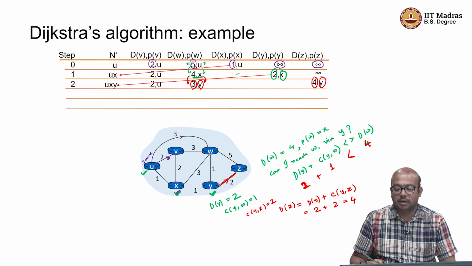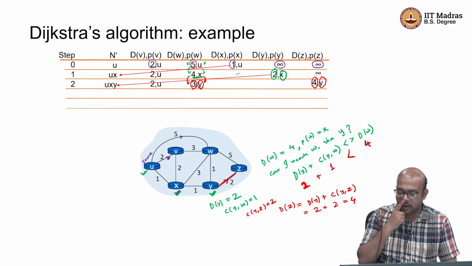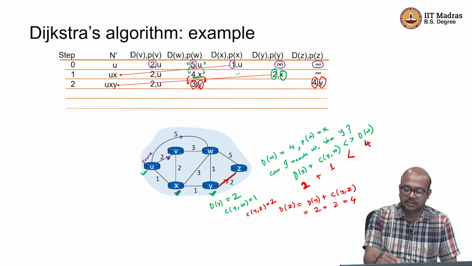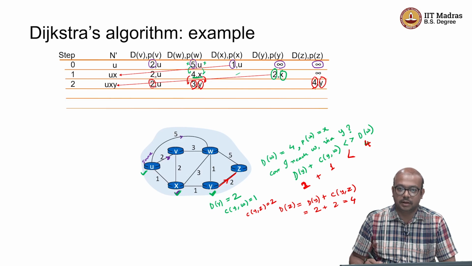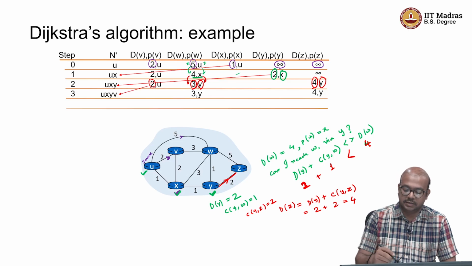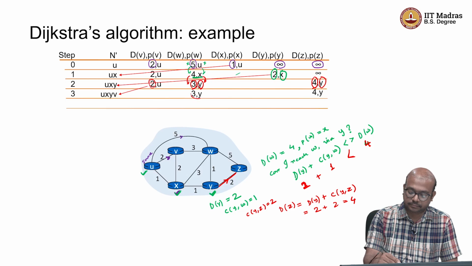So, now which is definitively known, 2, right. All the other shortest paths are either 3 length or 4 length till now. So, this is going to be put into the N prime list. So, it will become u, x, y and v, and we can't do anything better here.